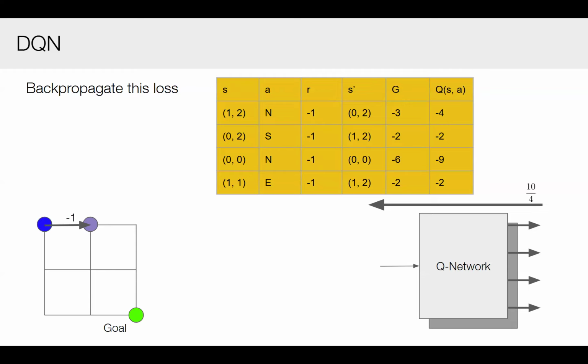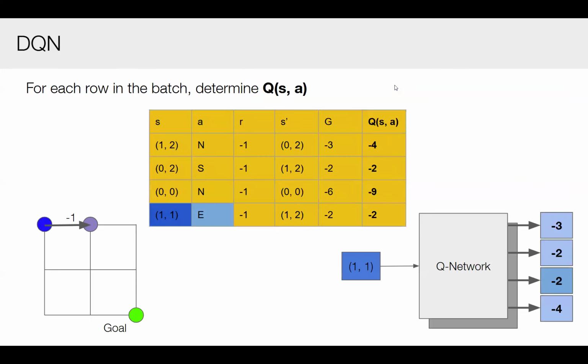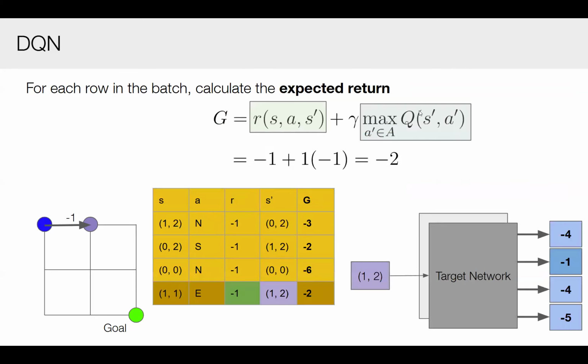G relies on Q of S prime A prime, and that's being predicted by our target network. So if we come back to this row 5, 10, or 15 episodes later, we could get a completely different estimate of G. Does that make sense?